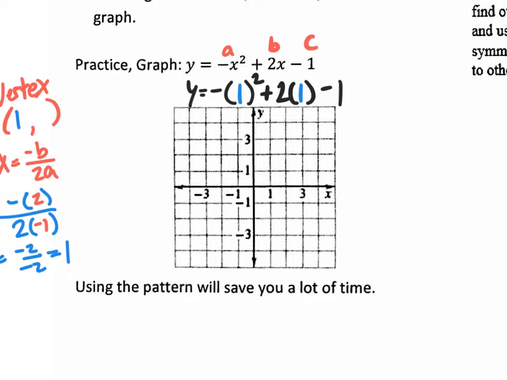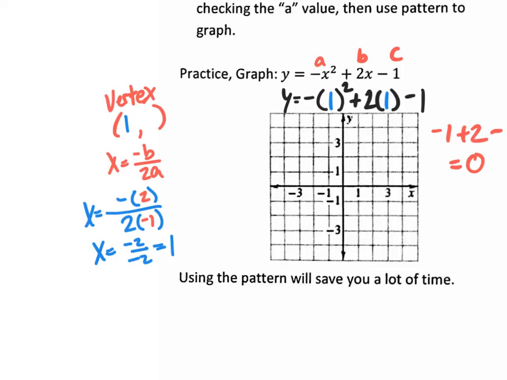So 1 squared is 1 with the negative in the front, that will be negative 1. And then we have plus 2 times 1, that'll just be plus 2. And at the very end, we have a minus 1. So we really have negative 1 plus 2 minus 1. What's your answer going to be right there? 0. So our vertex y value is 0.